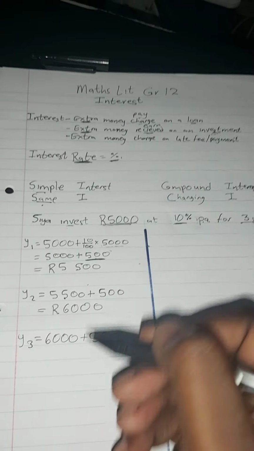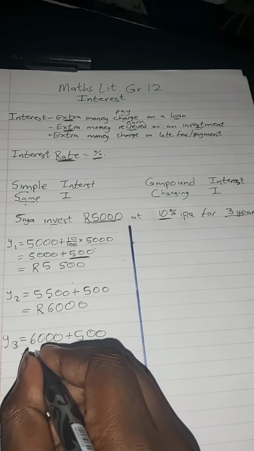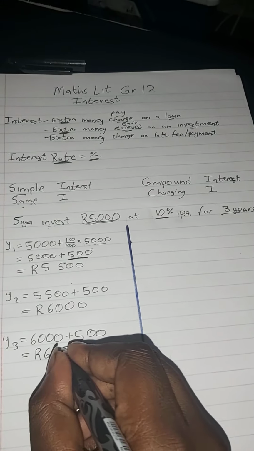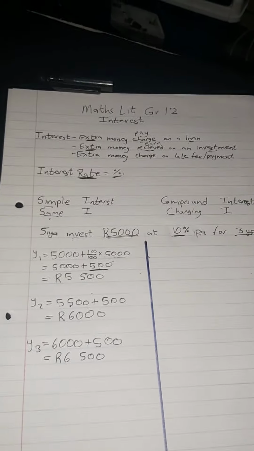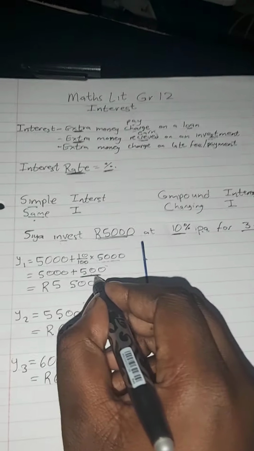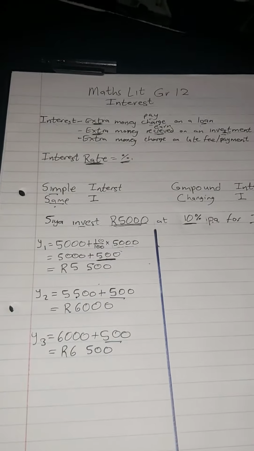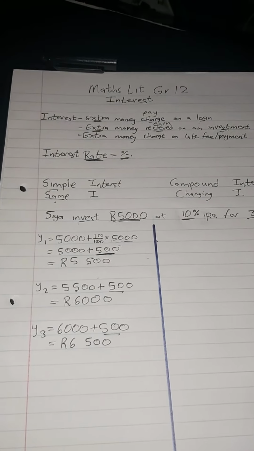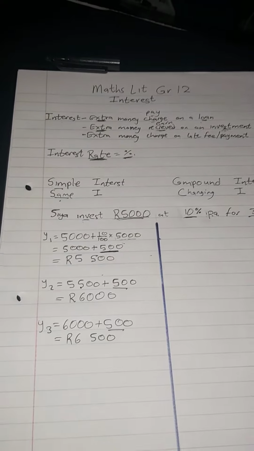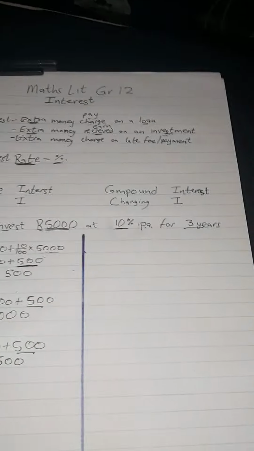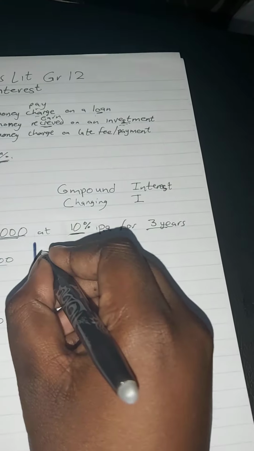So it stays the same. And then it's going to give you 6,500 rands, right? So simple interest, same interest. We keep on adding the same amount for the interest. Is that clear? All right, so now let's go to compound and see what happens.